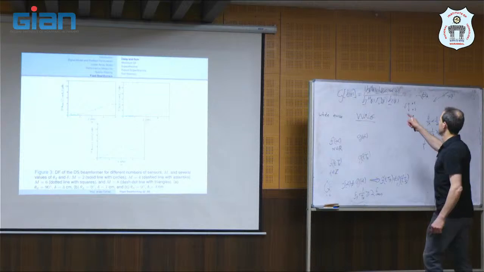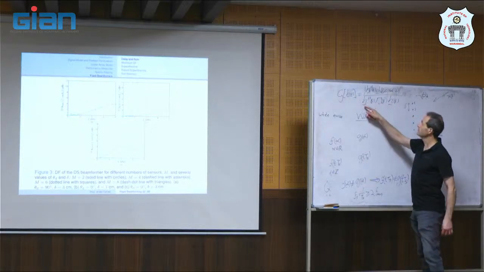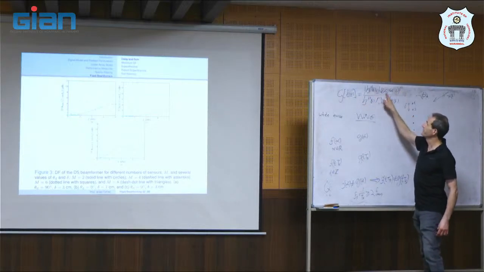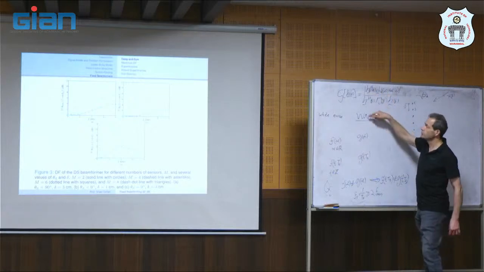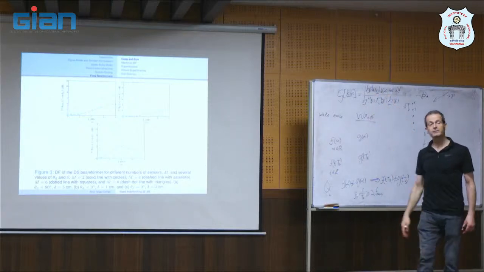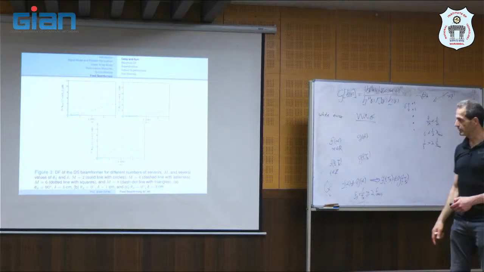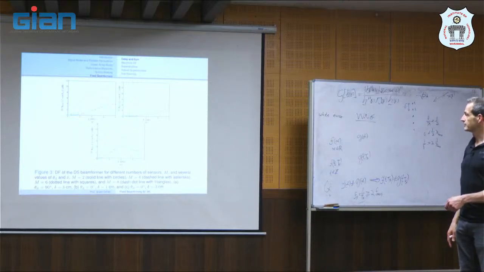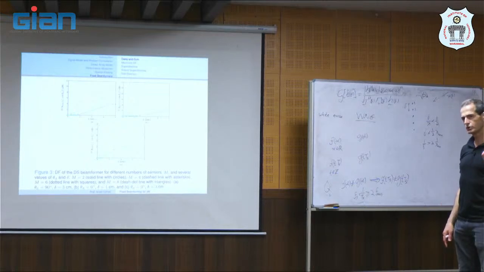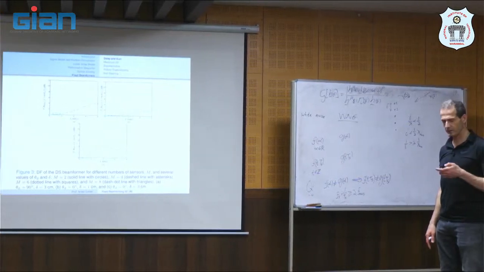If the denominator becomes smaller, this ratio, where the numerator is 1, becomes larger. So the directivity increases when we increase frequency. But here it increases and then decreases, which looks strange. But we know why it happens.